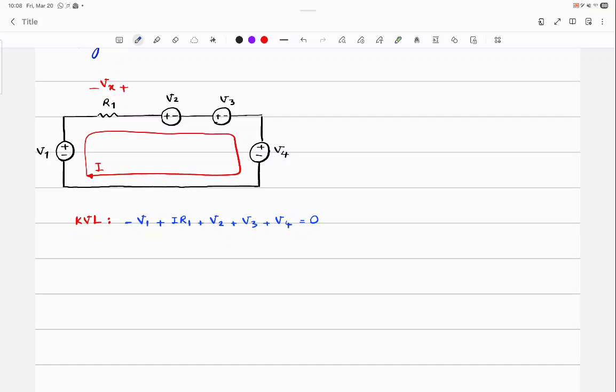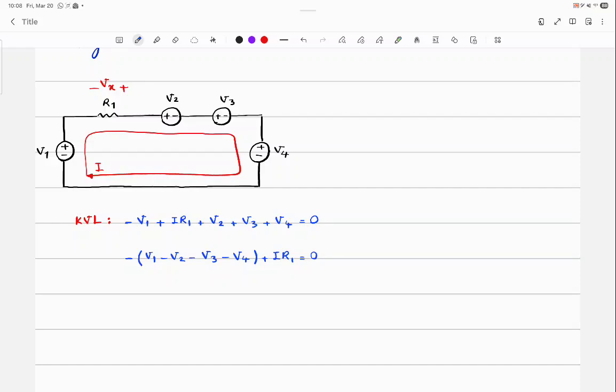So I'm going to write it like that. Negative V1 minus V2 minus V3 minus V4 plus IR1 is equal to 0. Do you agree with that?